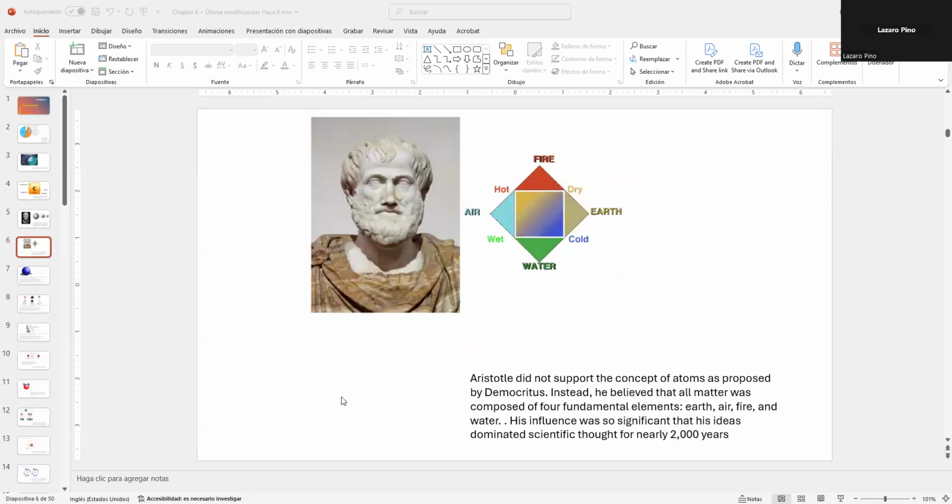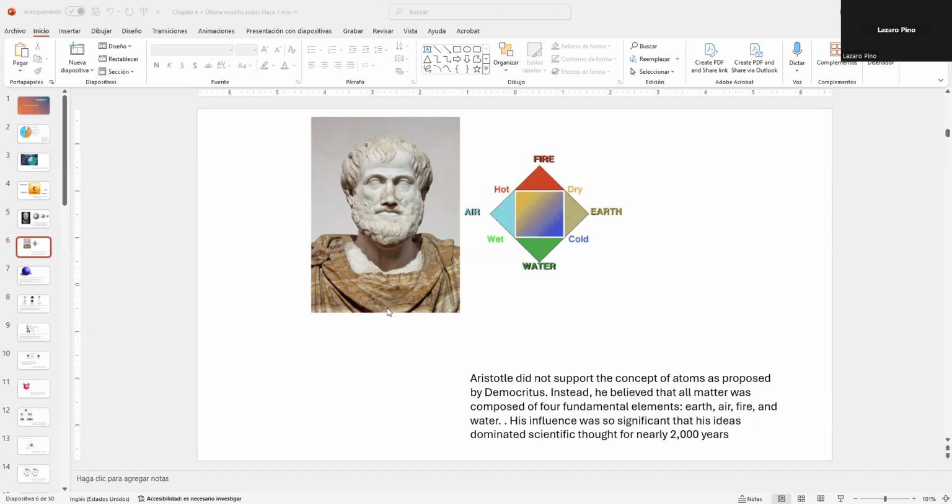But at that time, there was another philosopher whose name was Aristotle, and he did not support the concept of atoms as Democritus proposed. Instead, he believed that all matter was composed of four elements: earth, air, fire, and water.